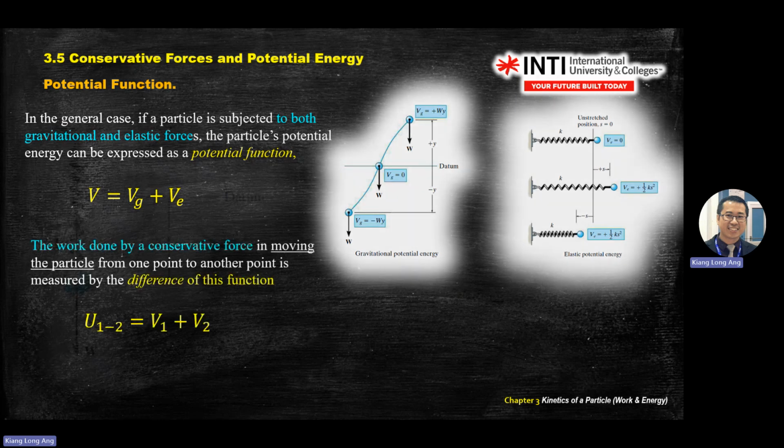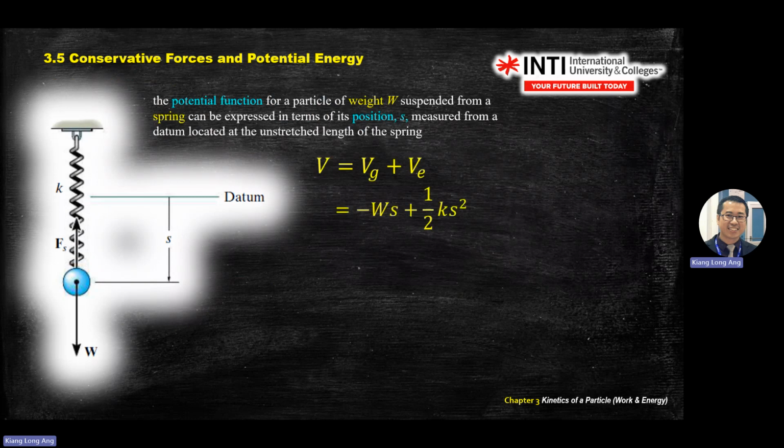Okay, so I'll also give you an example. This example is a spring with a particle. The particle is below the datum, so it's negative mgh plus the spring, which is always positive. Okay, so this is the potential energy.